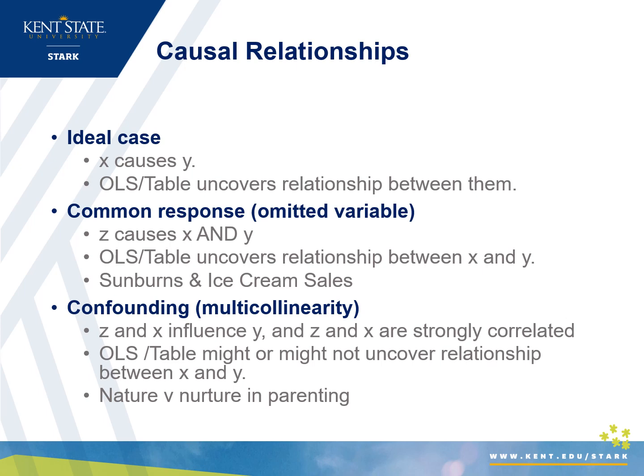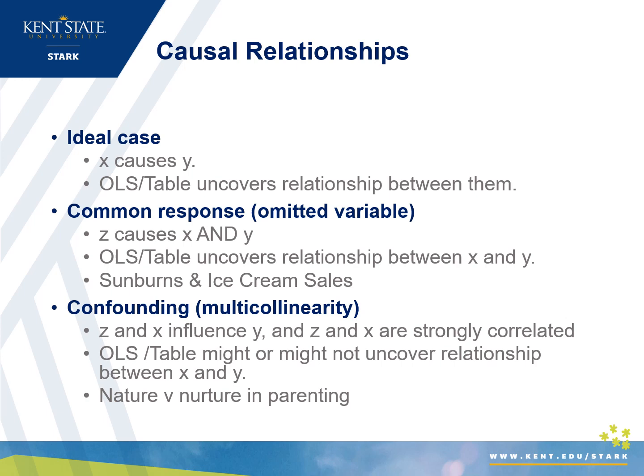For example, there's a strong correlation between sunburns and ice cream sales. Does it follow that one causes the other? No. Instead, both of them are seasonal, more common during the summer, less common during the winter. That is, what we're finding is a common response to some common cause that wasn't directly part of our study.